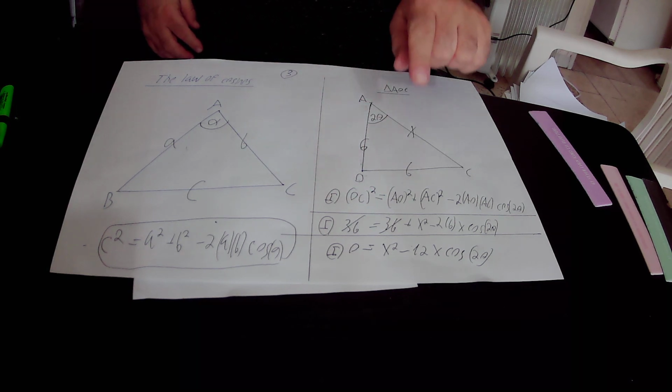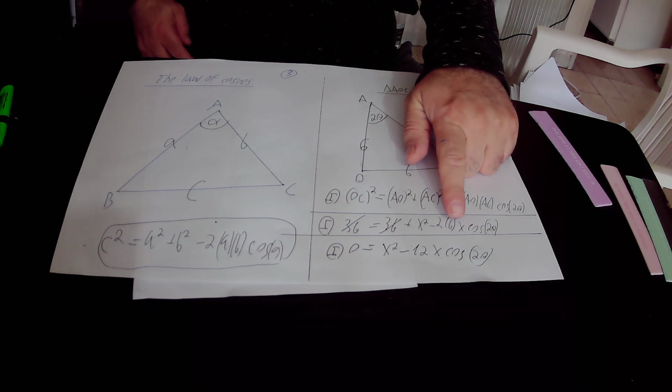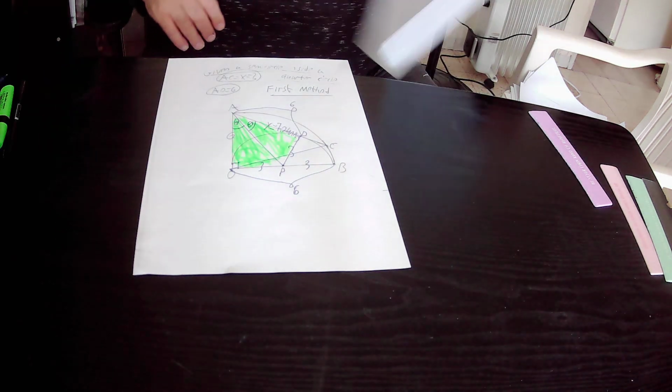We added 12x cosine 2 theta to this equation, equation number 1, and found that x squared equals 12x cosine 2 theta.